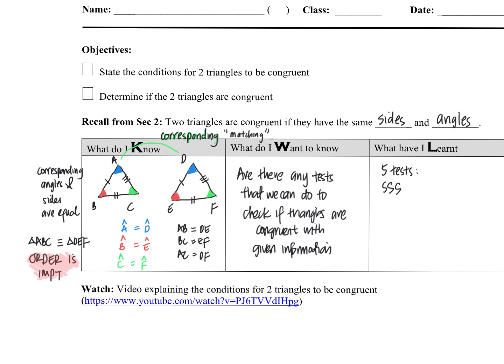Meaning if we can know the 3 sides of both triangle and they are both equal, we can conclude they are the same. The SAS test, side angle side. AAS test, ASA, and RHS. So there's total of 5 tests that we will learn to show that two triangles are congruent.